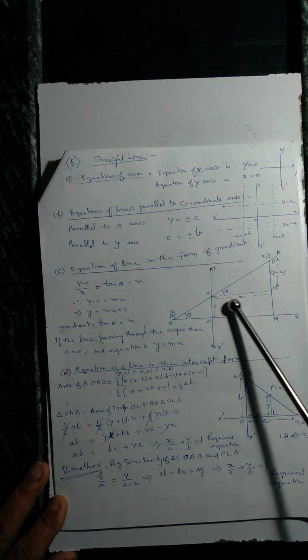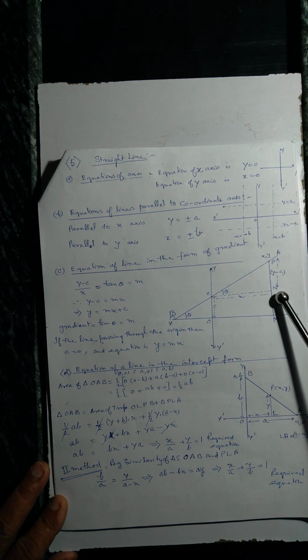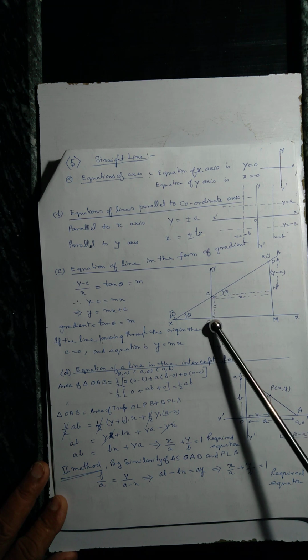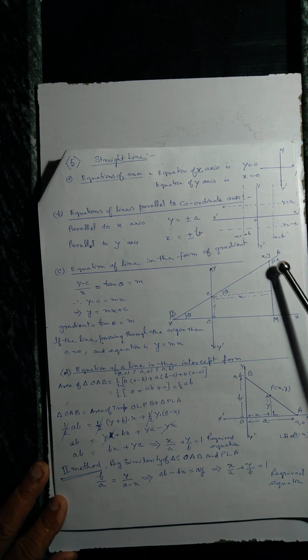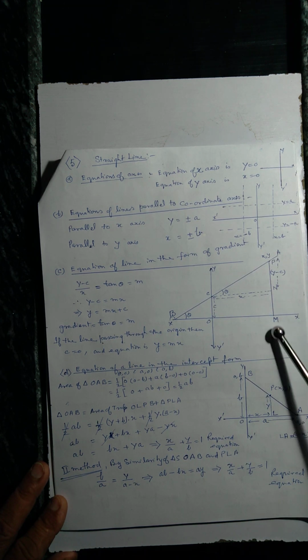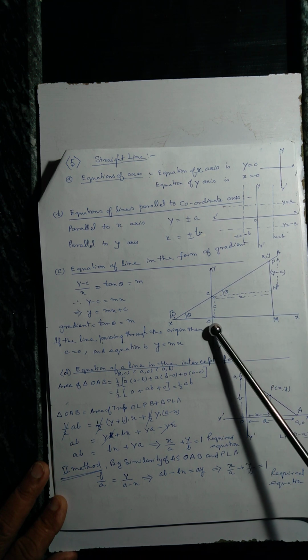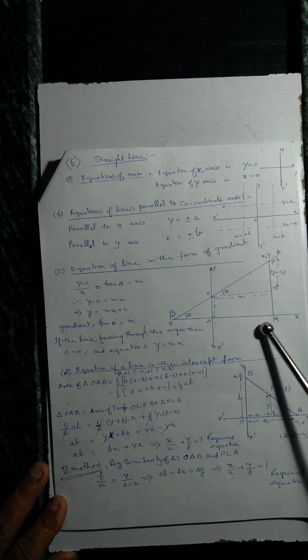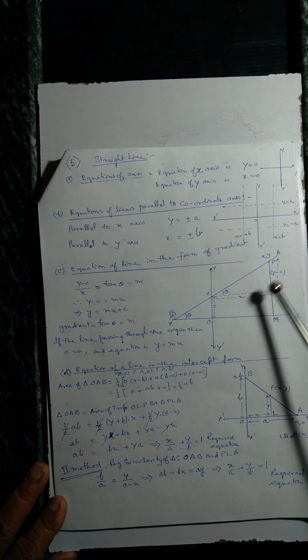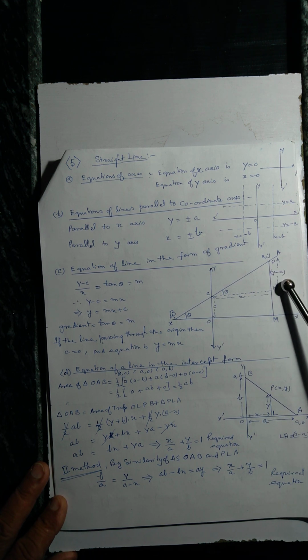Now you find out, first of all, you see PN, that is y minus c. You see this is c. So from P to M, that is y, and OM, that is x. Here I have written x, here I have written y minus c.